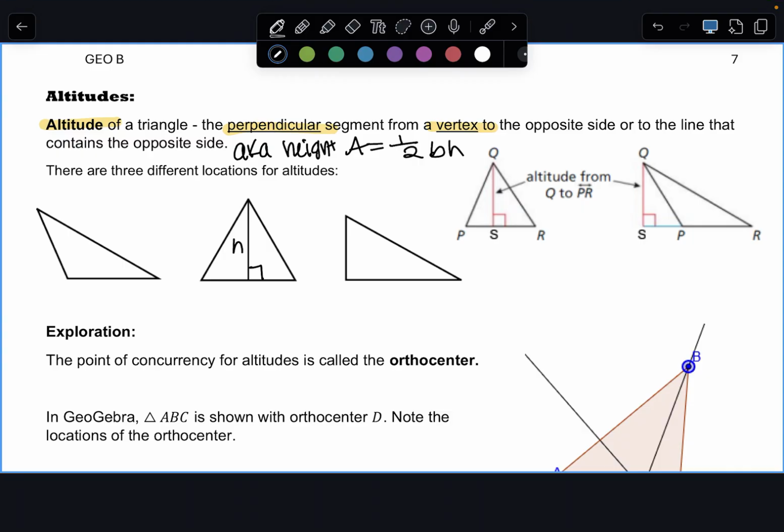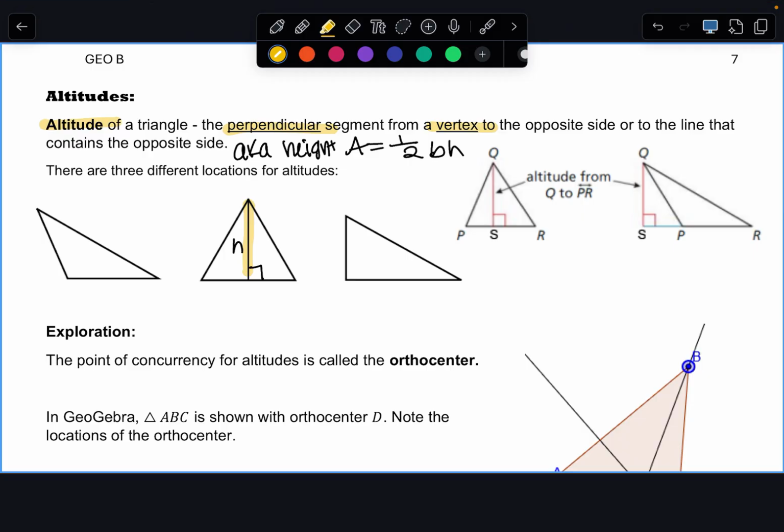Okay, this is your altitude. It is different than a perpendicular bisector because one, perpendicular bisectors don't necessarily hit the vertex, and two, they bisect this segment, and the altitude doesn't do that. It may, and it will for some special triangles, but for most triangles, it will not bisect that side.